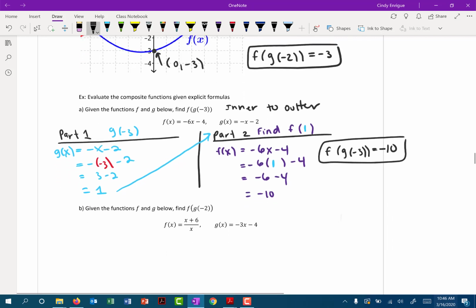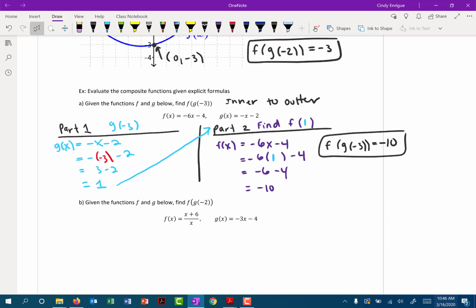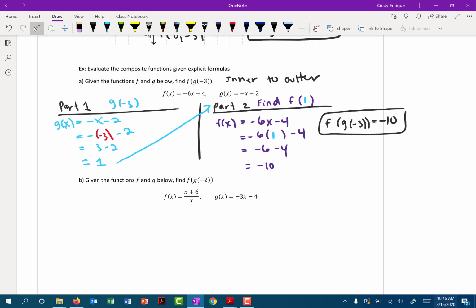Now, for part B, I have my functions below of f and g. I now want to find f of g of negative 2. So again, I want to work from inner to outer. The inside here is g of x, so g of x is negative 3x minus 4.